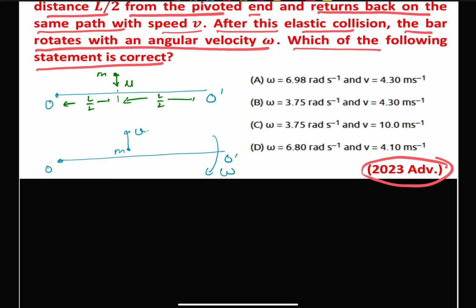Okay, so in this case we are going to use angular momentum conservation with respect to point O, that is a pivot point.